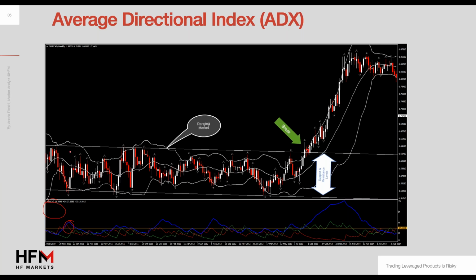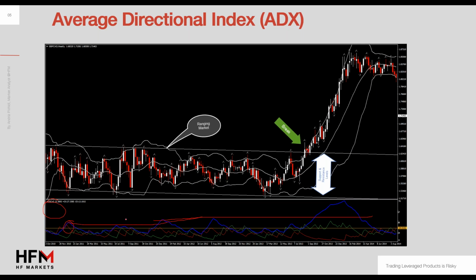Nonetheless, ranging market. I have put my channel on. It was clearly a ranging market. My ADX was going up and down without sustaining a move above 25. A significant move above 25 was always flirting at 25 or below it. I like putting trend lines on my indicators, guys. Why? Look at that.